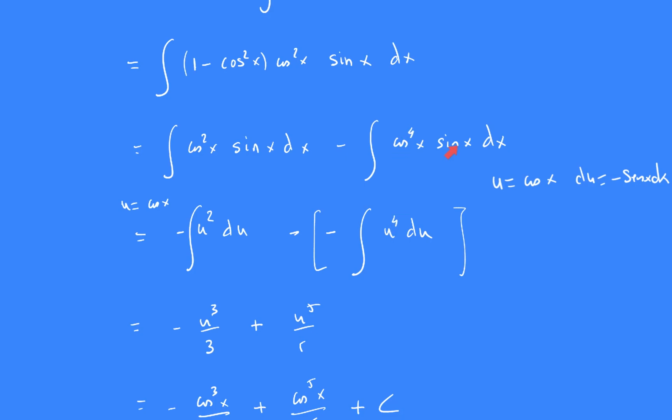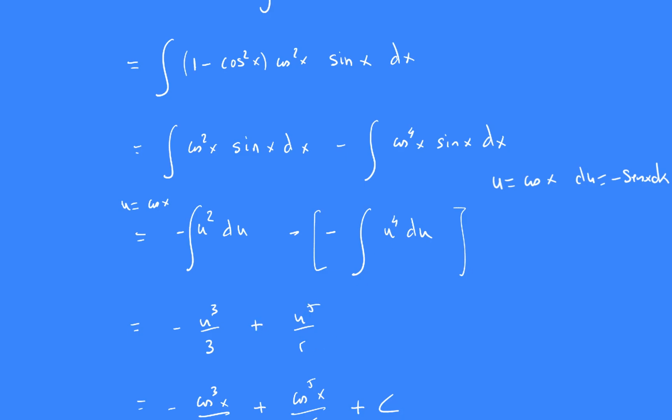Sine of x dx is du divided by 2. With this minus, it will appear a plus. So it will be minus u cubed divided by 3, which is the first integral, plus u to the 5 divided by 5.